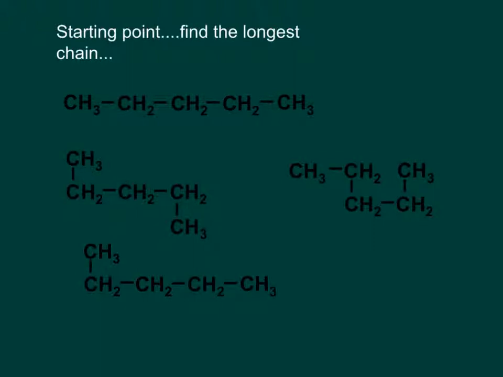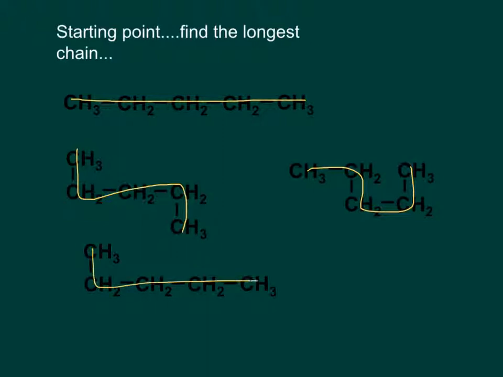So let's have a look. We've got 5 going on there, 3, 4, 5, like so. You've also got 5 going there, 5 like that, and then you've got 5 like that. So they are all pentane, exactly the same molecule.